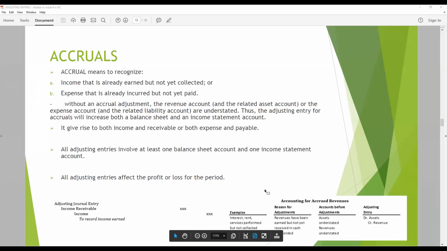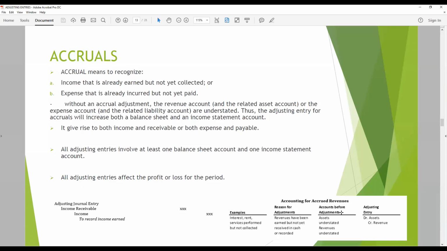Examples: interest, rent, services performed but not collected. And reason for adjustments: revenues have been earned but not yet received in cash or recorded.